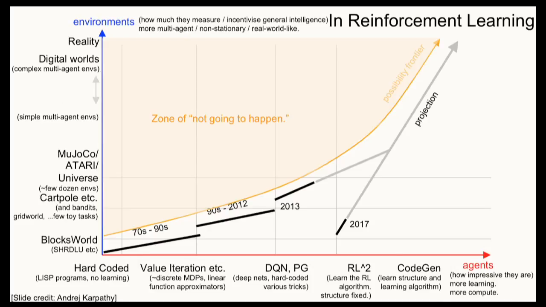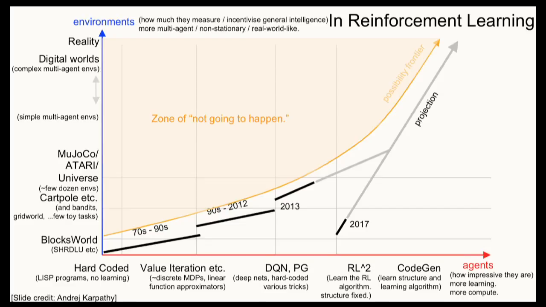And so a corresponding graph also borrowed from Andre is here for reinforcement learning, where we say if we hard code things, let's say we write some Lisp program that moves blocks around in SHRDLU, that was fine in the 70s. As we got further along, got more compute, we could run something like value iteration that could solve small MDPs, let's say grid worlds, and get good performance on that.